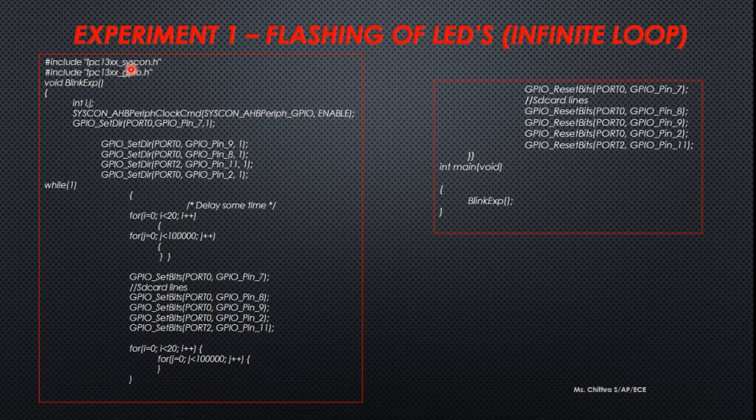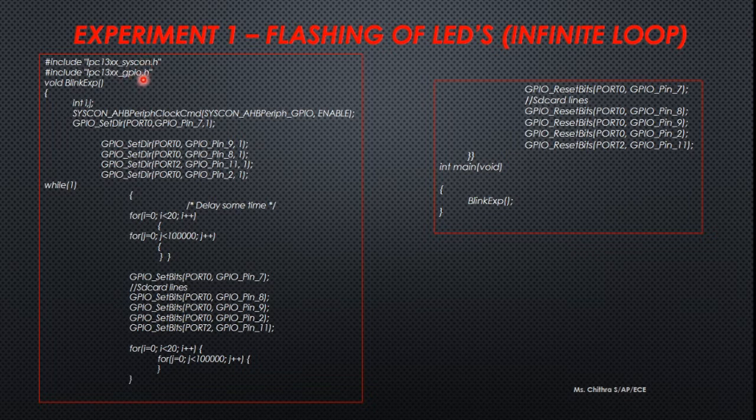Syscon stands for System Configuration files. If you see any microprocessor, the speed of a microprocessor depends on the frequency. So we need to enable the internal clock of the processor if my processor has to start working. So this stands for system configuration, which is a file that makes your processor do the initial settings in order for the processor to run efficiently.